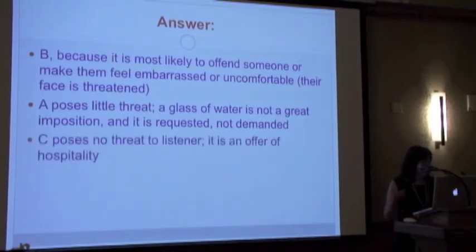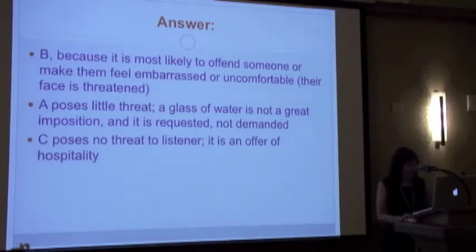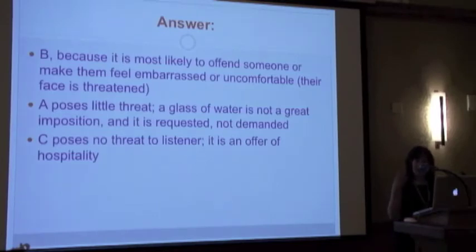And C didn't pose any threat to the listener. It was an offer of hospitality. So these things you would think are pretty clear and straightforward, but when you're dealing with a second language, especially in personal face-to-face conversation, these issues do come up.